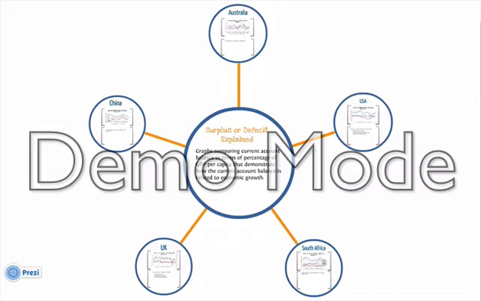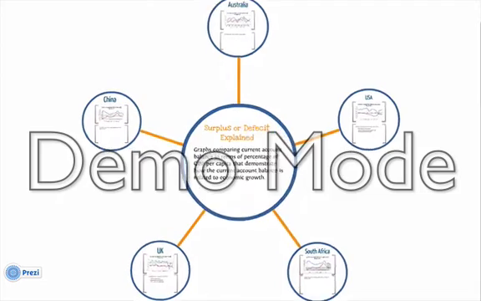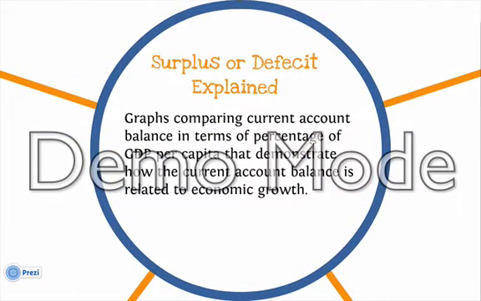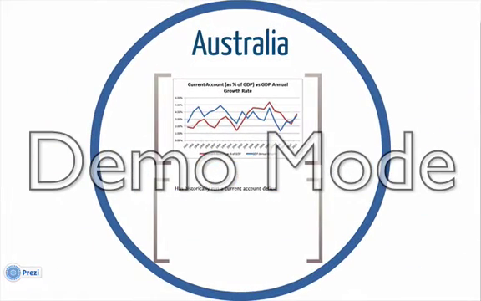So now we're going to move on and have a look at some specific examples of the countries that we have looked at for our report. We're going to do that by comparing current account balances in terms of GDP and looking at that alongside the annual growth in a country's GDP.